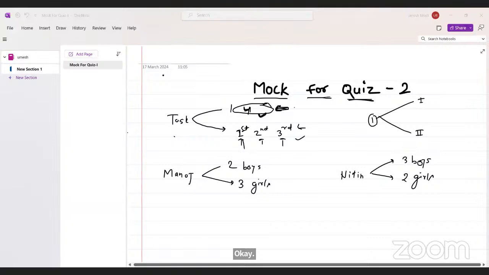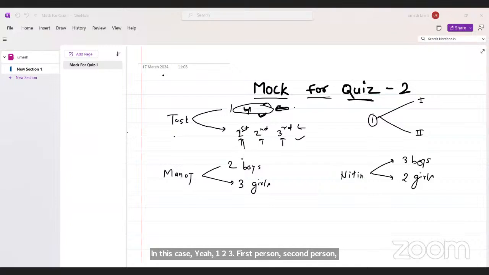See, if selection is not simultaneous, like in this case, first position, second position, third position, if selection is not of this type, this means Manoj selects two boys, but Nitin does not know that his brother already selected two boys. In that case he can also select two boys.